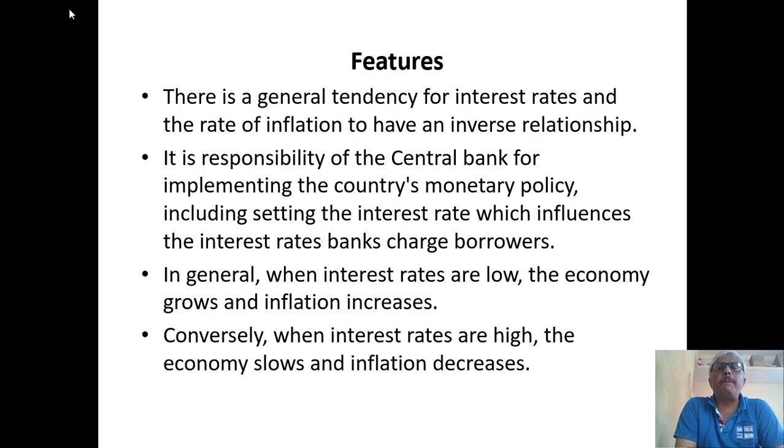Here we need to keep in mind that when the rate of interest increases, it causes people in the economy to pour more money into the system. When a high rate of interest is taking place, normally this leads to decreasing the inflation rate in the economy.